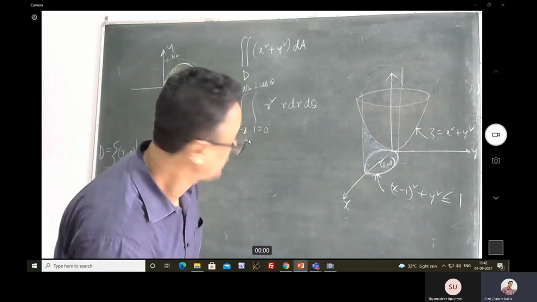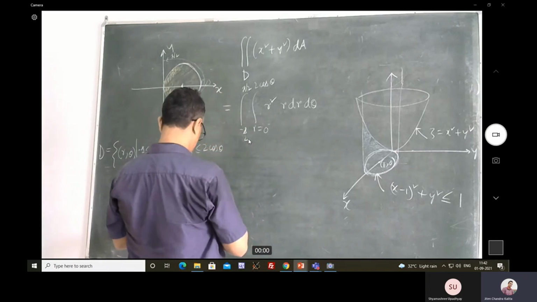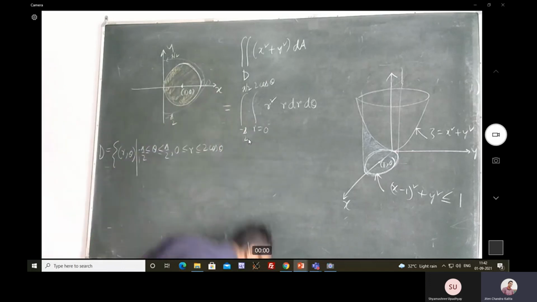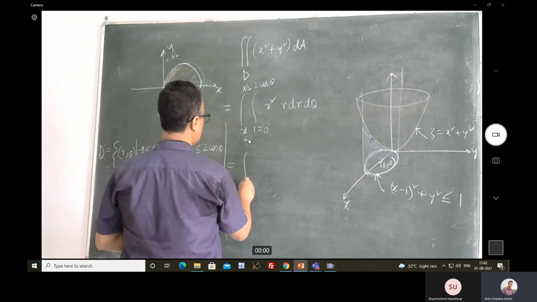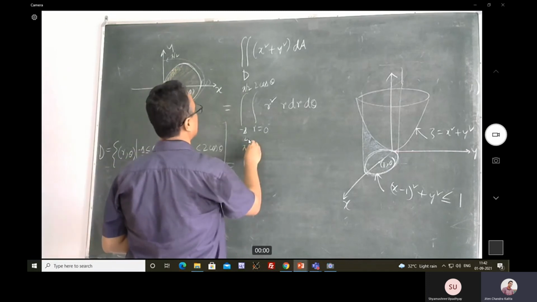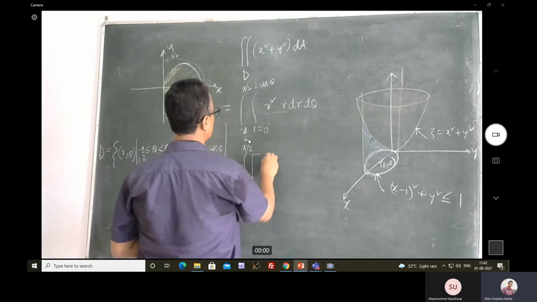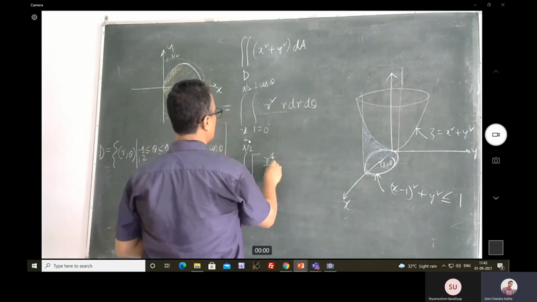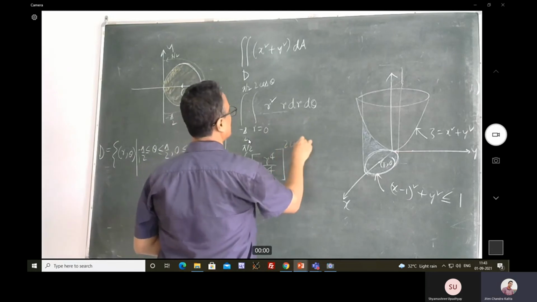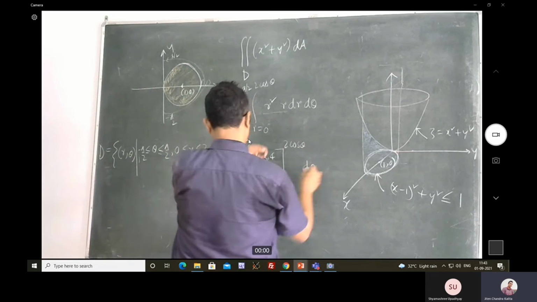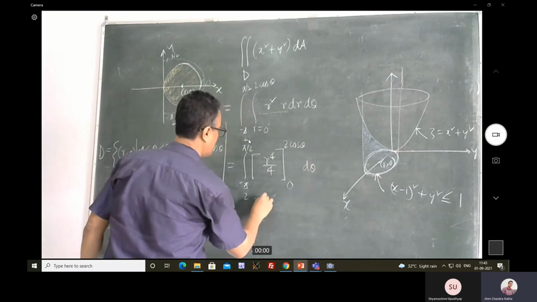Now what you have to do is first perform integration with respect to r. This is going to give you the integral from minus pi by 2 to pi by 2 of r cubed, so r to the power 4 by 4, from 0 to 2 cos theta, d theta.